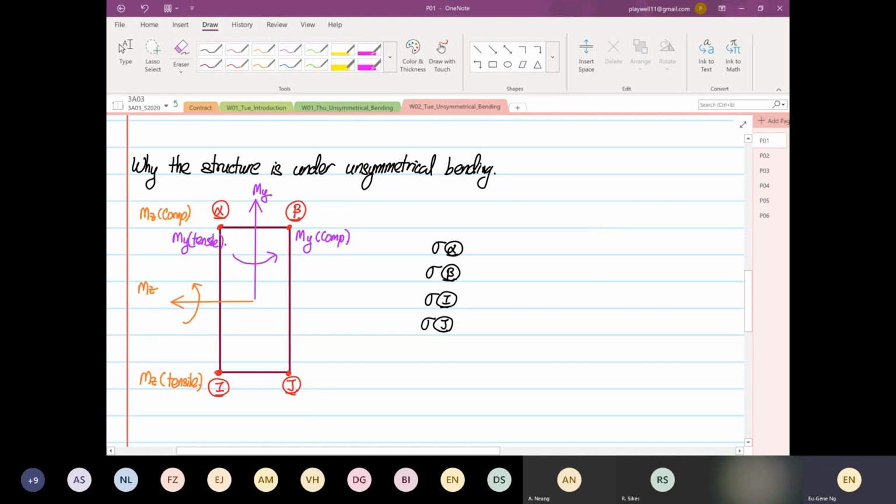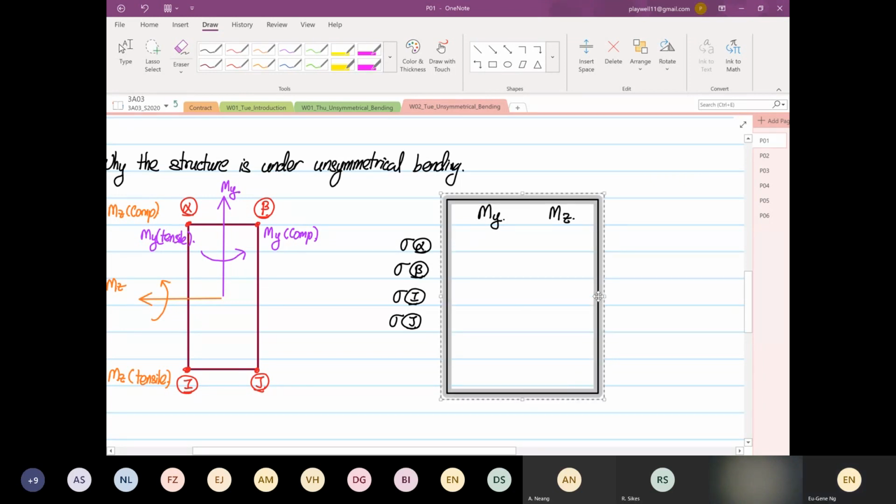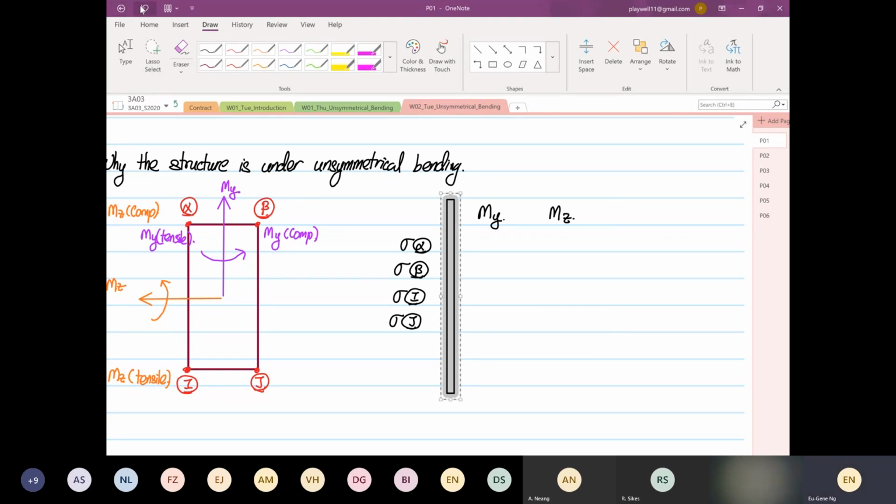So the first one we are going to look at is moment induced by Y, and then the next column is moment induced by the Z-axis. Okay, so we look at this now. Oh, stupid thing, it always does that. Sorry. Right.